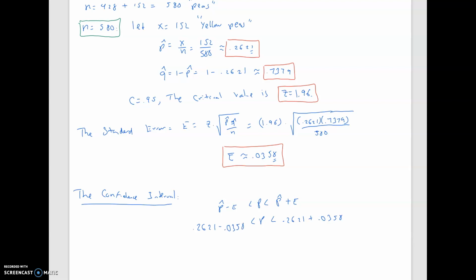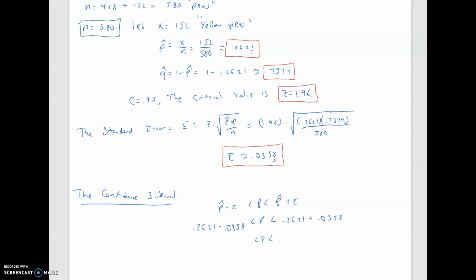Let me type it in. Okay, so our P is going to be bounded above, and let me double check, 0.0358.